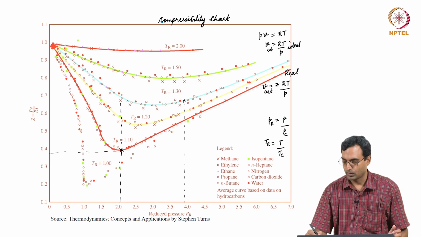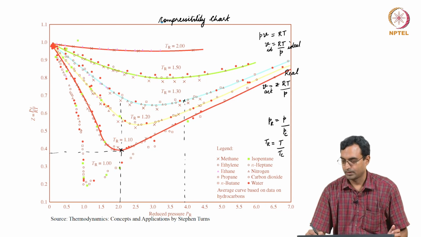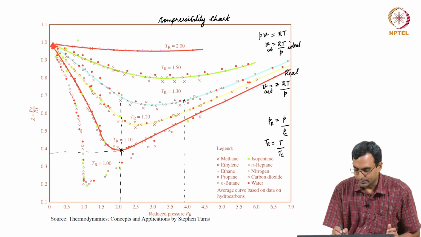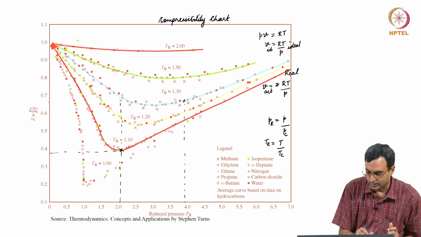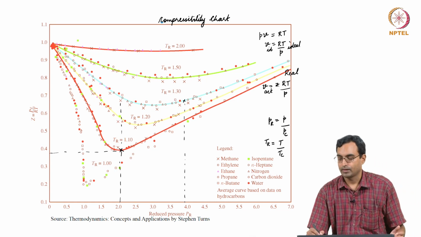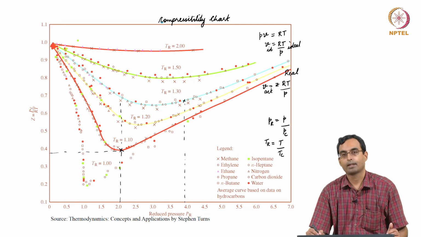P by Pc is 4. So, what I could do is I can find out this point here, find out the corresponding value of Z on this axis, which is somewhere between 0.7 and 0.6, and I would calculate the V actual as this compressibility factor 0.7 or 0.6 times RT by P.